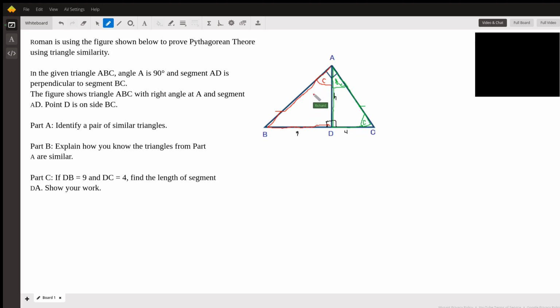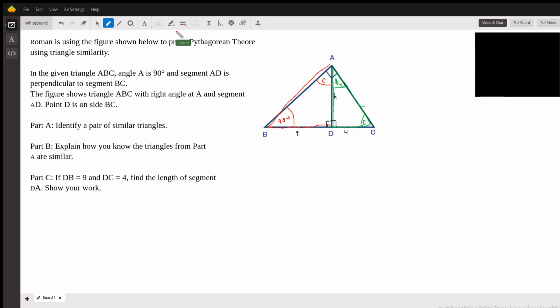And then because this left one, the red one, is a right triangle also, this is 90 minus C. So you can see that the red triangle and the green triangle are similar because their angles are congruent. They have the same angles.